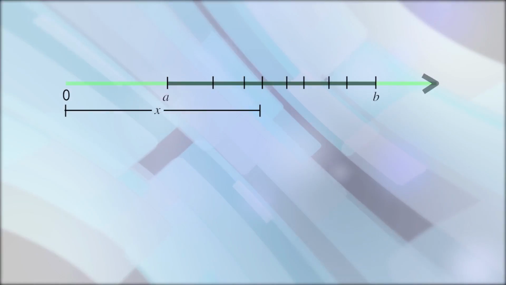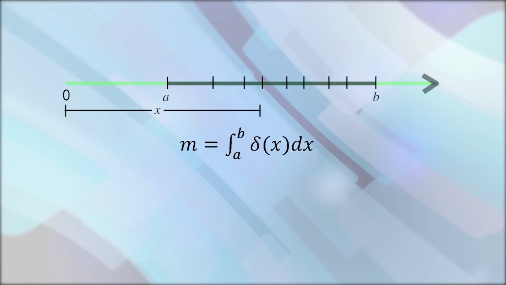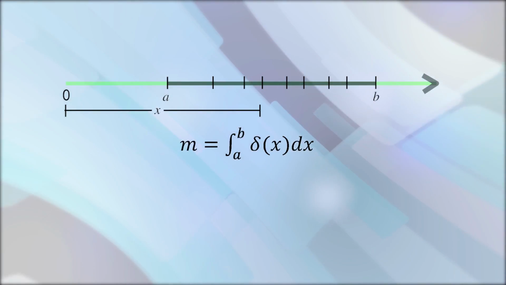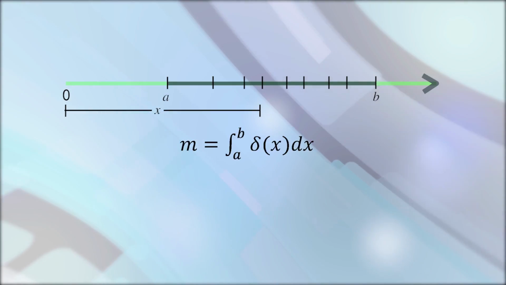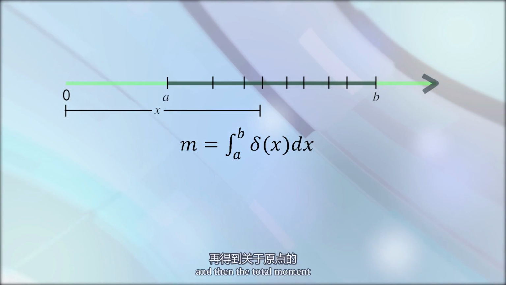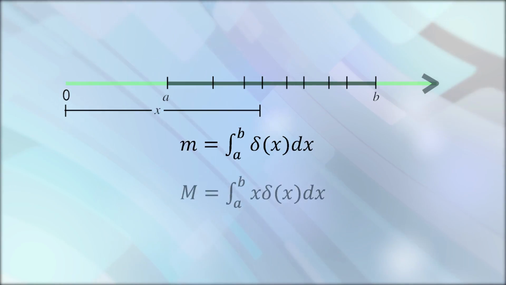By slicing, we pick one piece, and the mass of this piece is delta(x) times dx. We add them up, and the total mass is the definite integral of delta(x) on the interval [a, b]. And then we find the total moment.